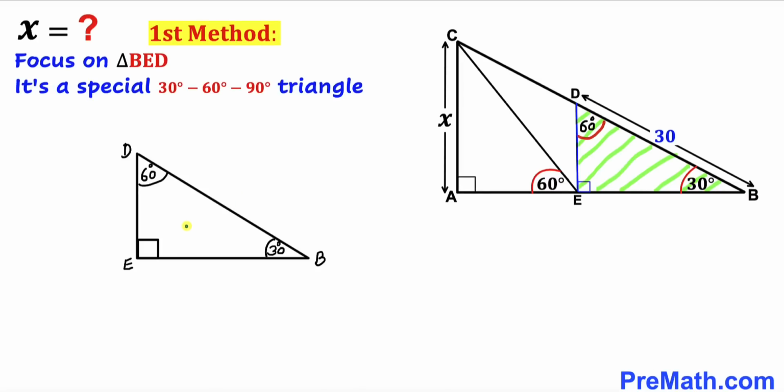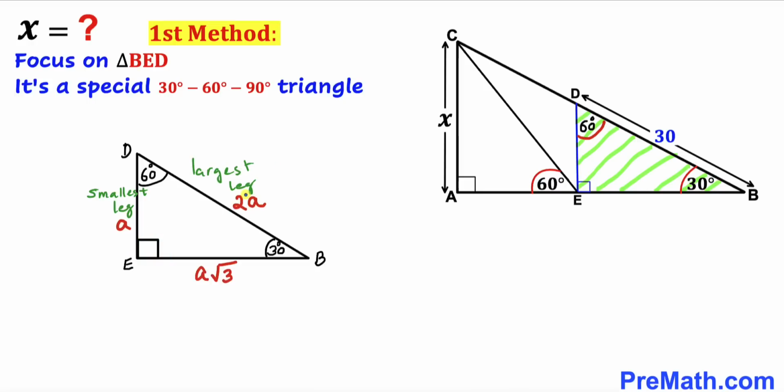Here I have copied down the triangle BED. We know that this 30 degree angle is our smallest angle, so the side opposite to it is going to be our smallest leg. And this 90 degree angle is our largest angle, so the side opposite to it is going to be our largest leg.